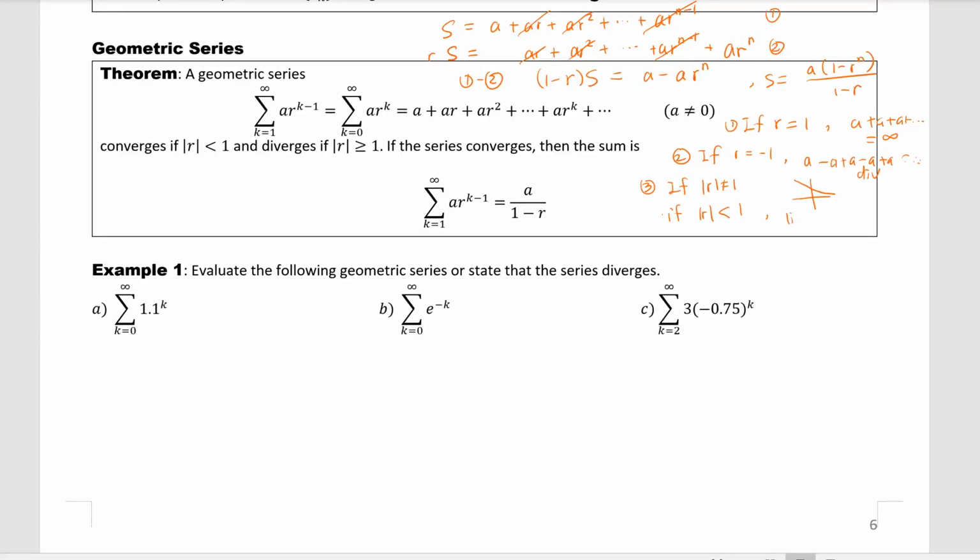So when n goes to infinity, a times (1 minus r to the n) over 1 minus r, this r to the n term will go to 0. So that's why we have a over 1 minus r.